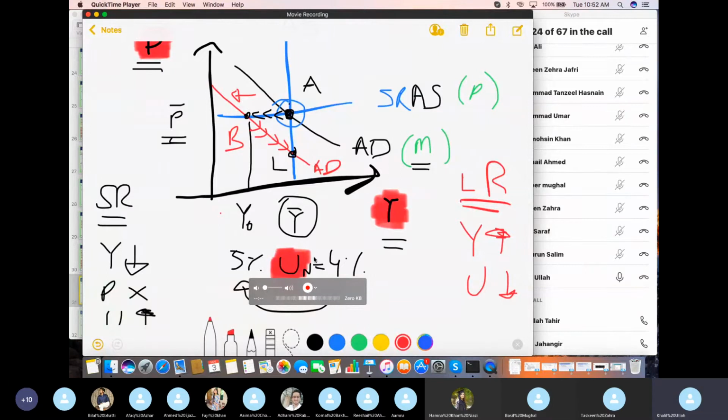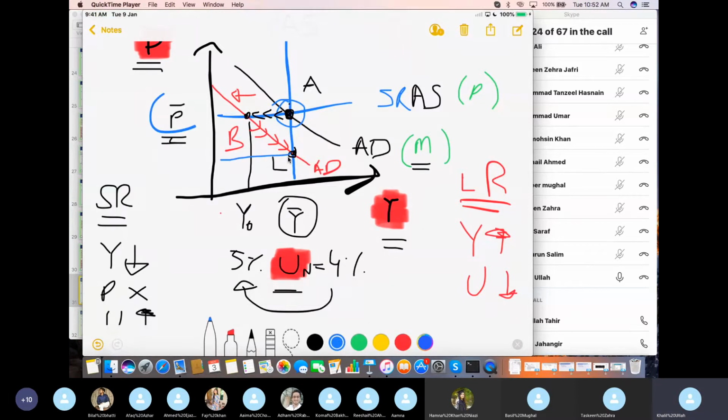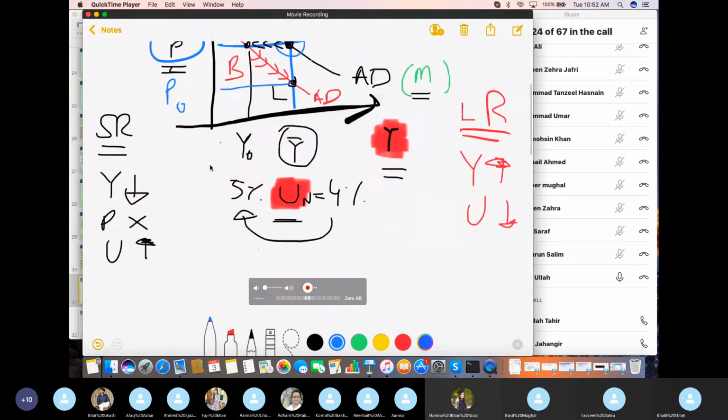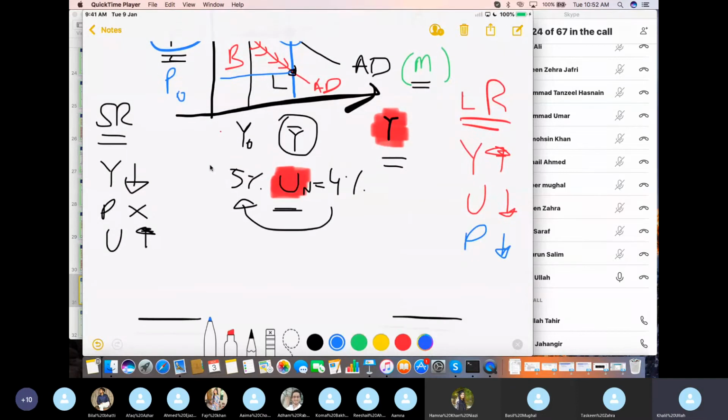At Y bar, unemployment has decreased again to 4%. People have gotten their jobs back. However, at point L, price levels are now not P bar, they are P0. Price levels have fallen from P bar to P0. So in the long run, things have become cheaper and prices have gone down.